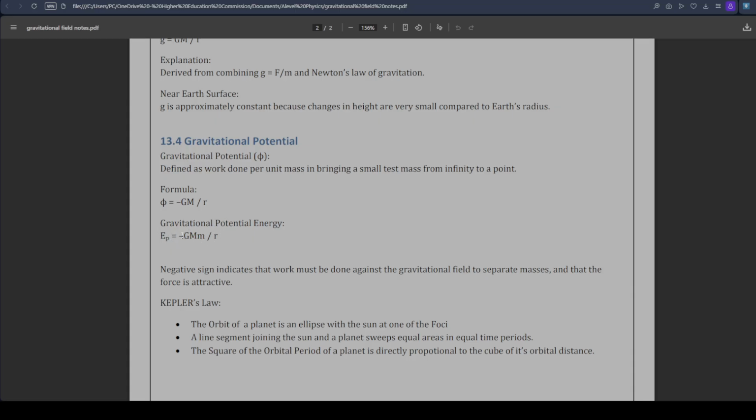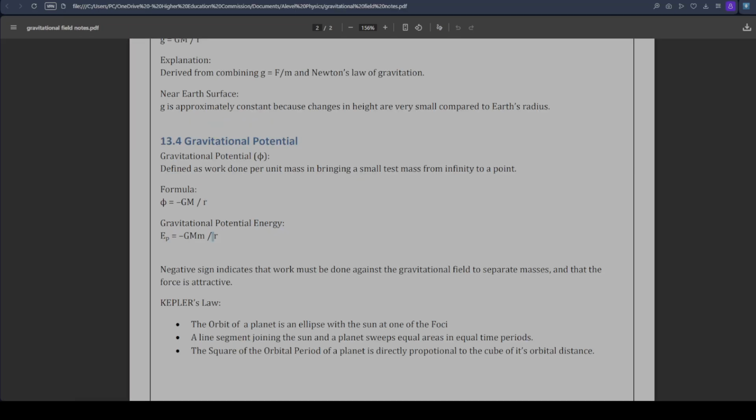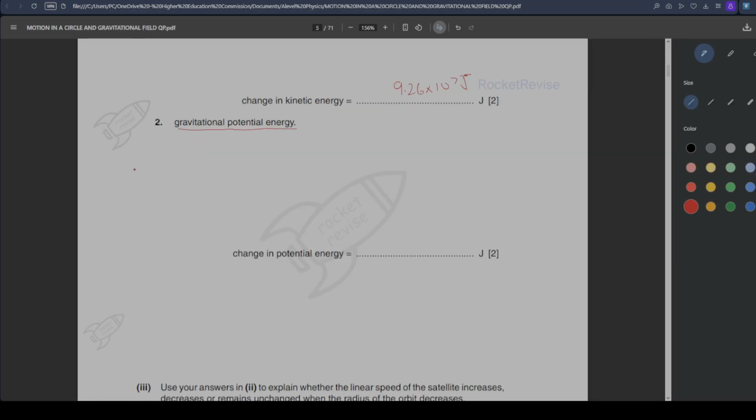GM is given to us, the product, okay, which is 4.0 into 10 power 14, and we just need to multiply that by our small mass and then divide by the change in height, okay. The formula we're using is the direct formula for gravitational potential energy, so it's minus GMm divided by r.